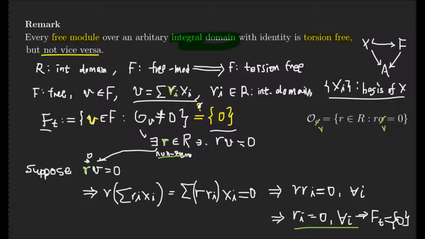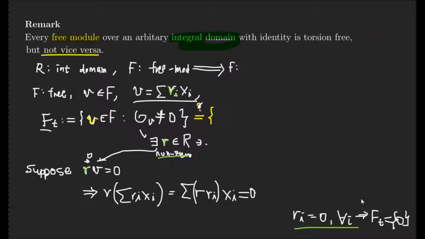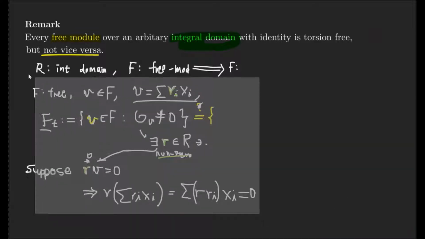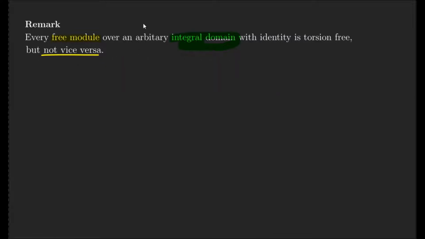Let's see the counterexample of the converse statement of this. This means torsion free does not imply free. Every torsion free group is not a free module. The example is concisely the rational number module over the integral domain.